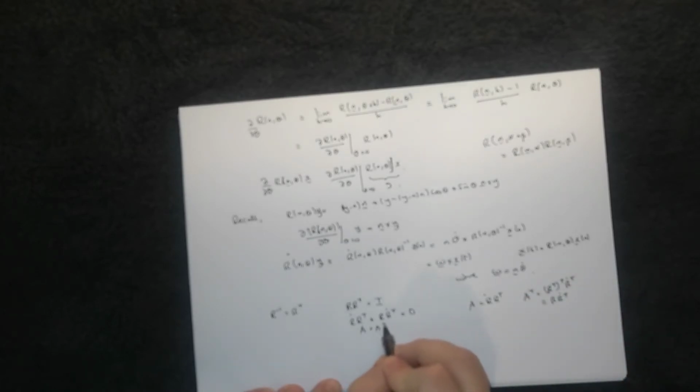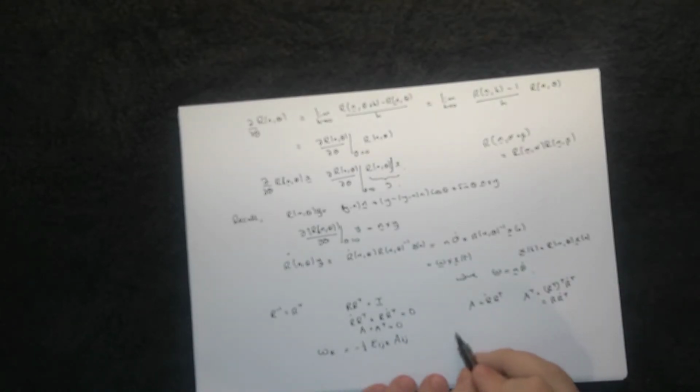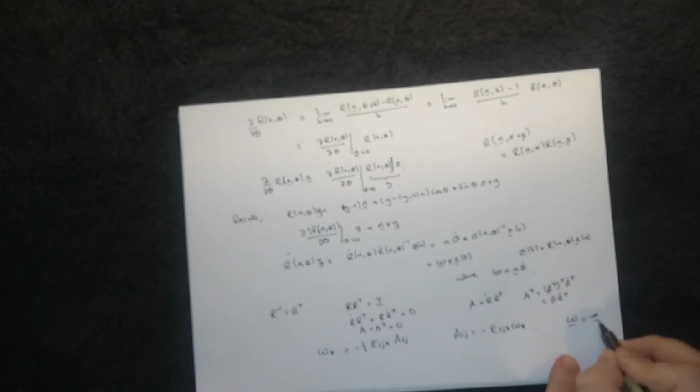This is A plus A transpose is 0. It says that A is antisymmetric. So I can write omega subscript k is minus a half epsilon ijk A ij, and A ij is minus epsilon ijk omega k. So omega is minus alpha in the previous working.